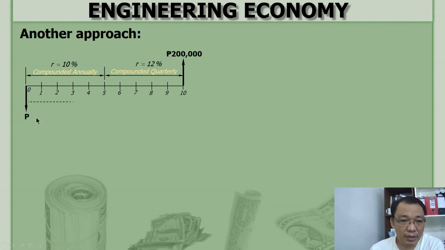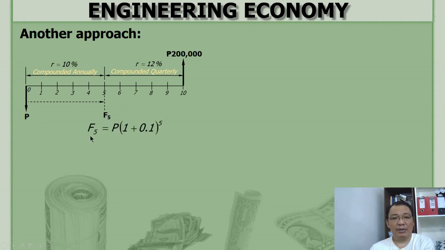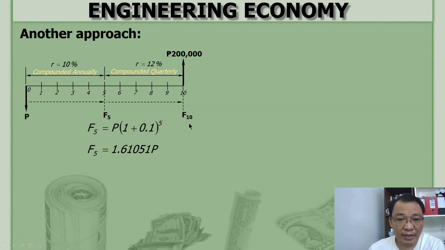So first, project to F5. The formula is F is equal to P times (1 plus i) raised to n. F5 is equal to 1.61051 P. Next, project to F10.